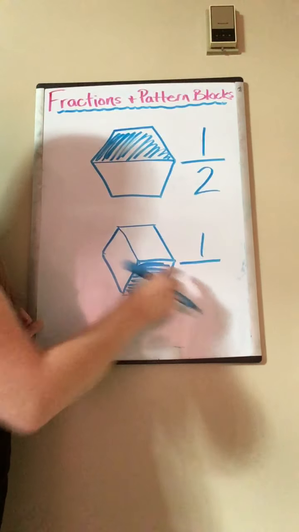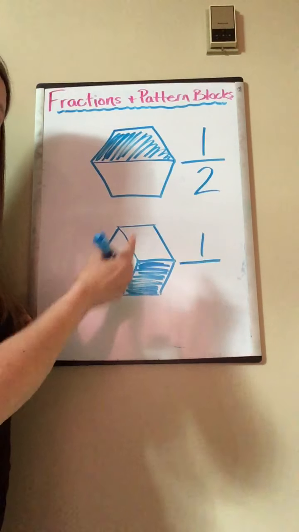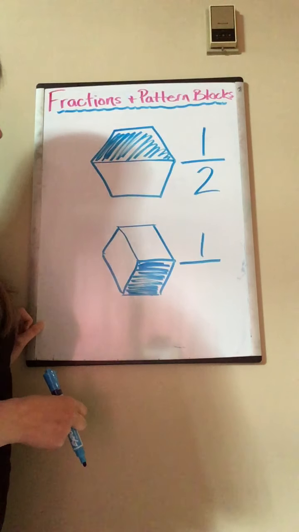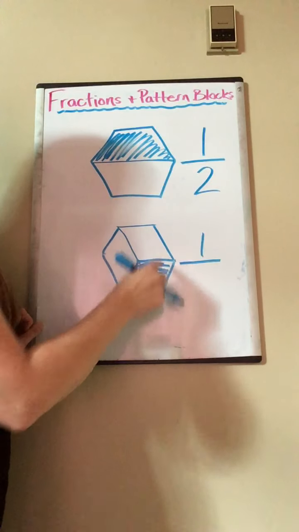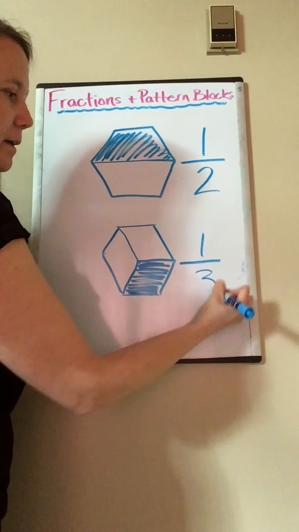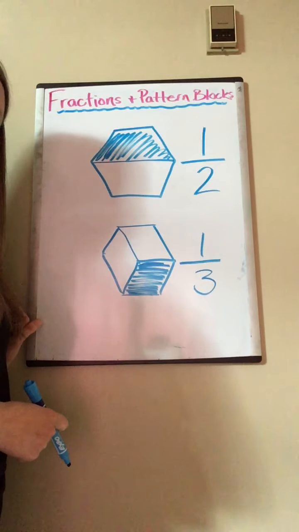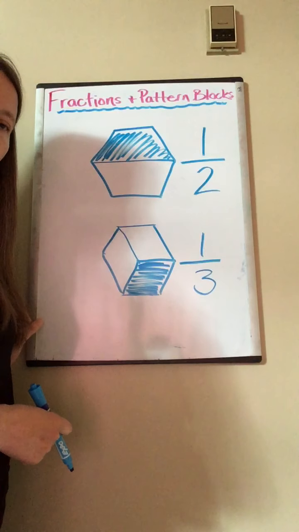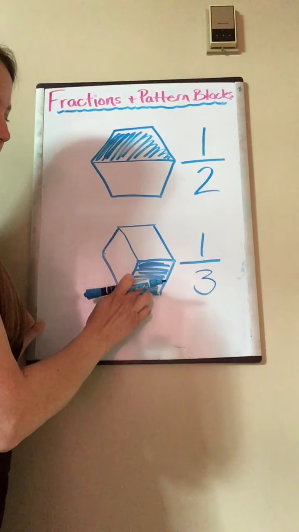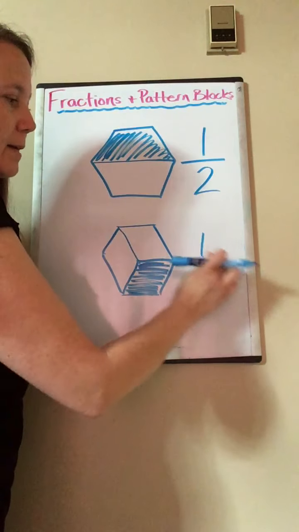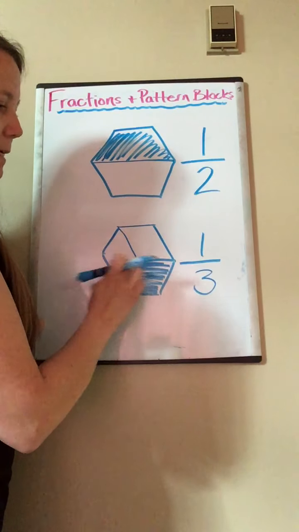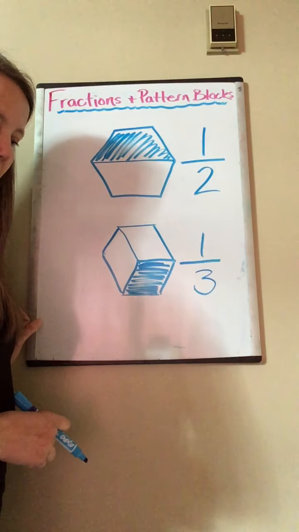How many parts are there in total? How many rhombuses are there in total on this shape? 1, 2, 3. That means 1/3 of the shape has been shaded. Okay? Numerator tells me how many parts I counted. The bottom number, or the denominator, tells me that there were 3 parts altogether.